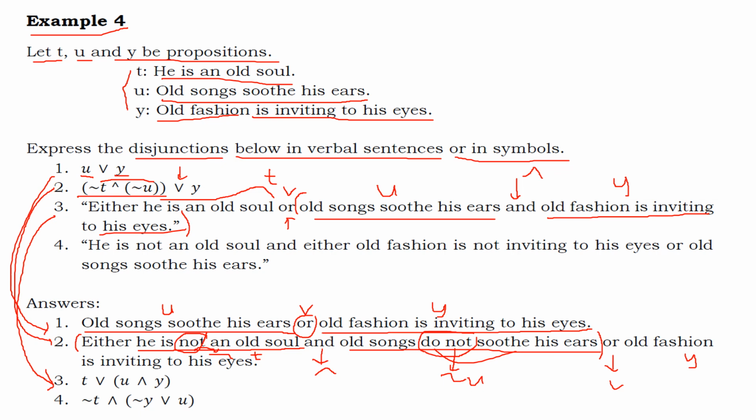That's why if there is no parenthesis, if for us to convert a symbol to words or verbal sentences, and there's no parenthesis being given, we just simply follow the dominant order of these connectives from strongest to weakest. Again, the strongest is the biconditional, 2 is the conditional, and for the third spot, that will be disjunction and conjunction.